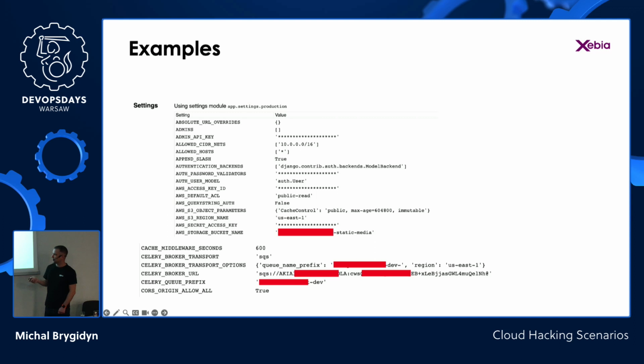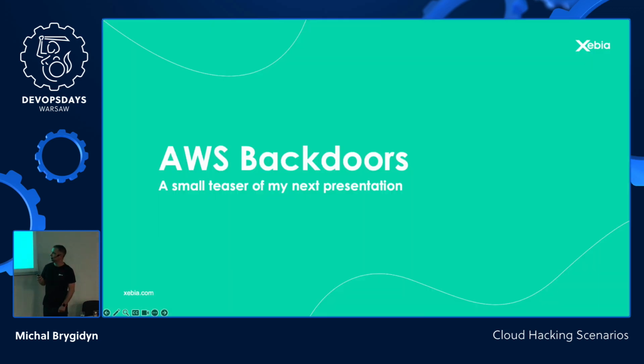But then we can go to the Celery broker URL that consists of the information about the queue, SQS, that's an AWS service, and then the AWS access key and AWS secret access key. And when I found this and a lot of similar ones, they all gave me more than just access to this queue. Sometimes even admin access.